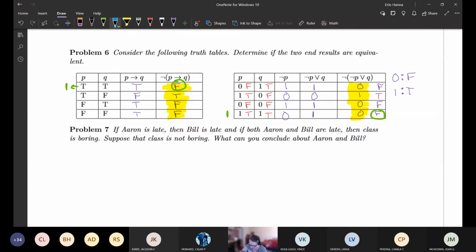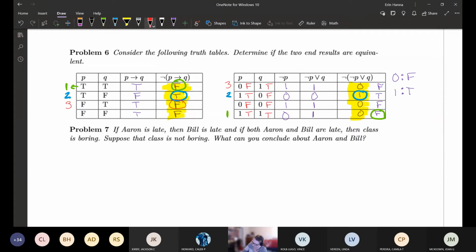Cool. Different color. Now let's look at the true, false row. The true, false row in the second one turned out to be that second row still. So we're comparing a true to a true. So that's still good. It actually looks like it's still going to be logically equivalent, but we need to talk about it. Then if we look at the third row, we've got a false, true, which turned out to be the first row in our second one.